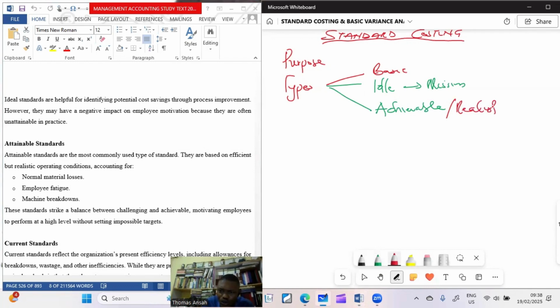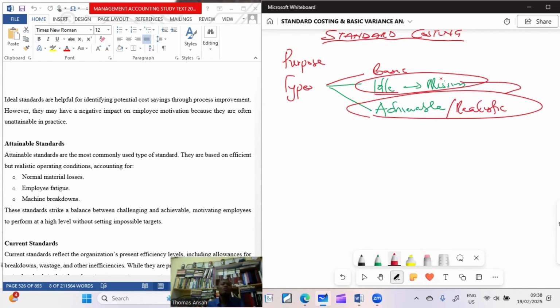So it is also called realistic standard. What can you achieve? Even though you are aiming for perfection, your vision, your mission, what can you actually do at a particular point in time? All right. So your most achievable or realistic standards, that is what you can use. All right. So that is that.